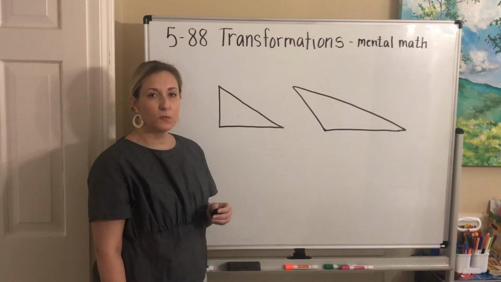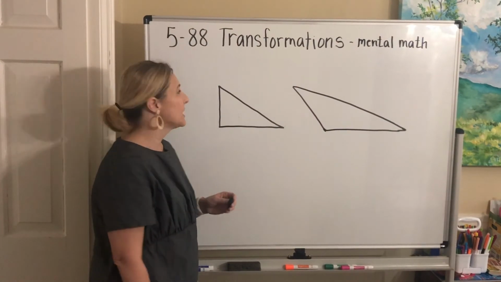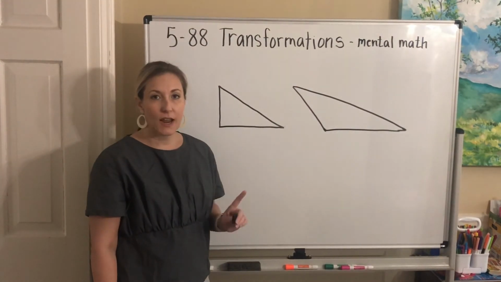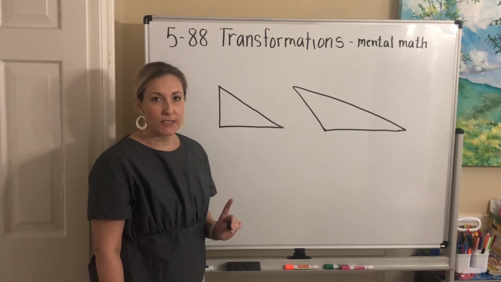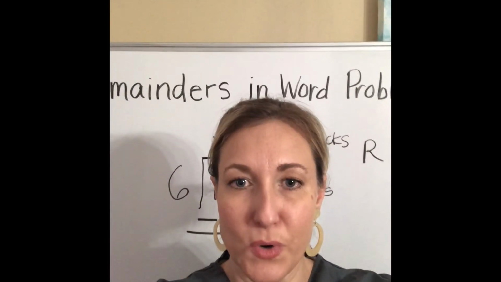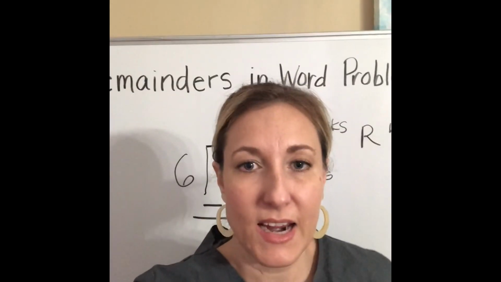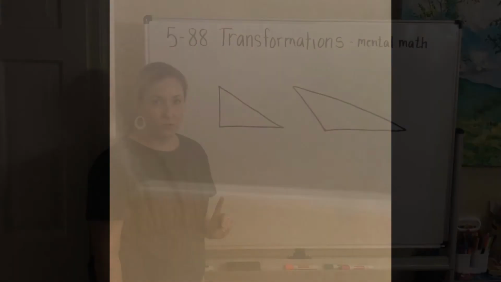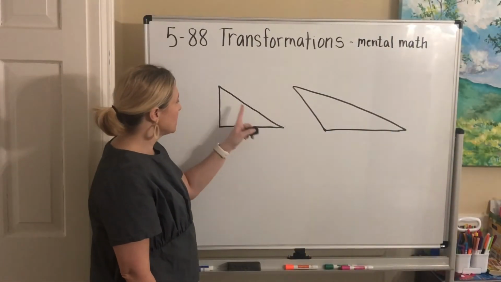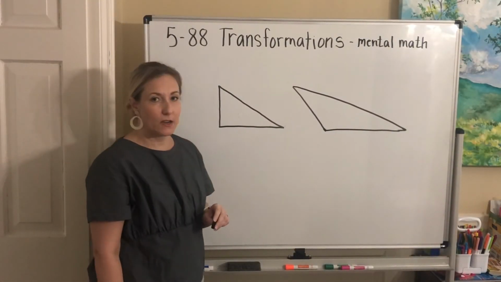Okay, one of the most important things we have to know about triangles is a triangle is named for its largest angle. The secret word for Mental Math 88 is triangle, like the polygon. So what is the largest angle here in our first triangle?